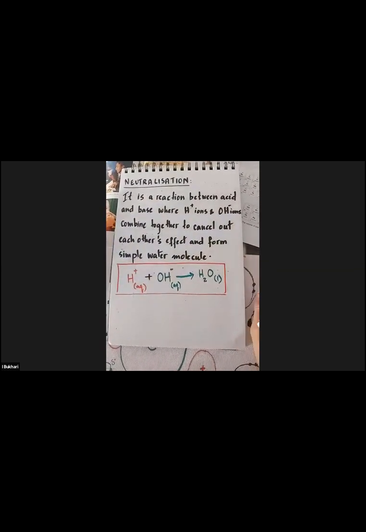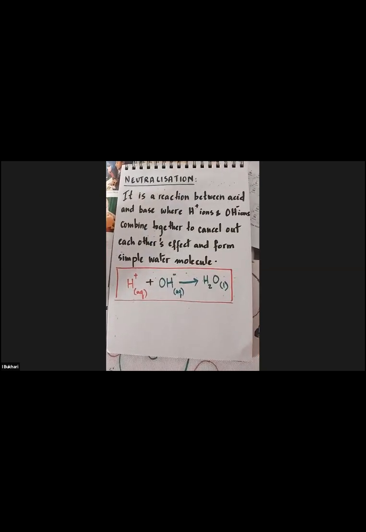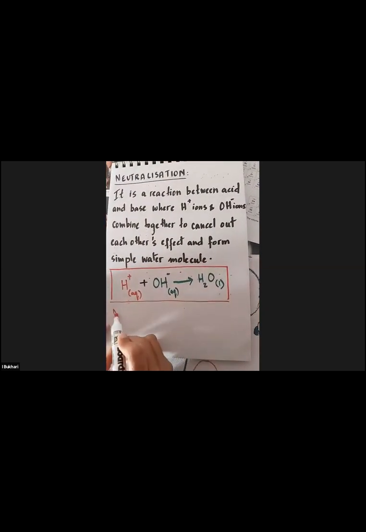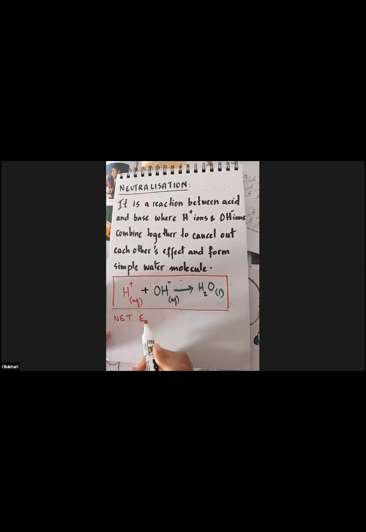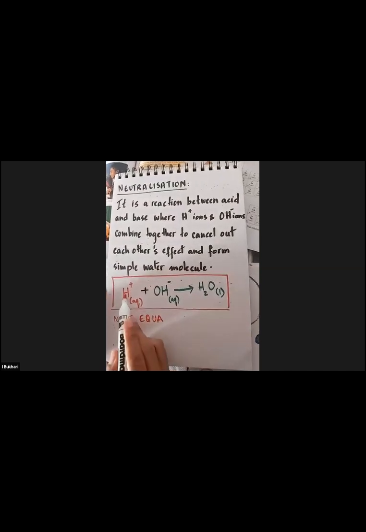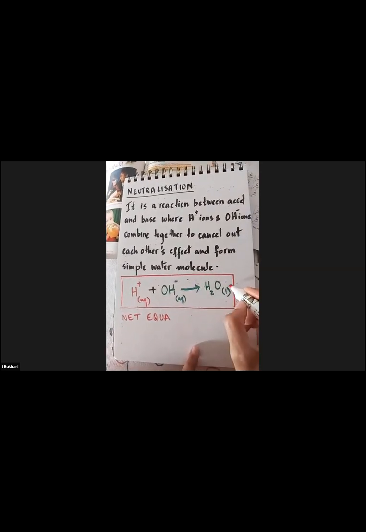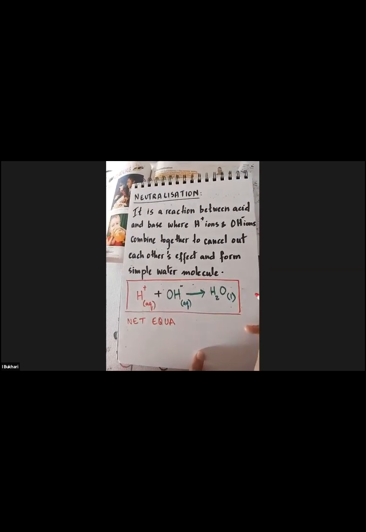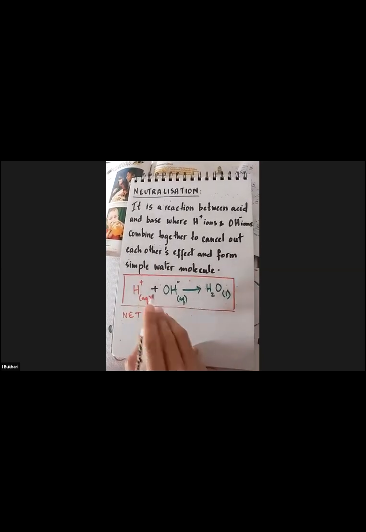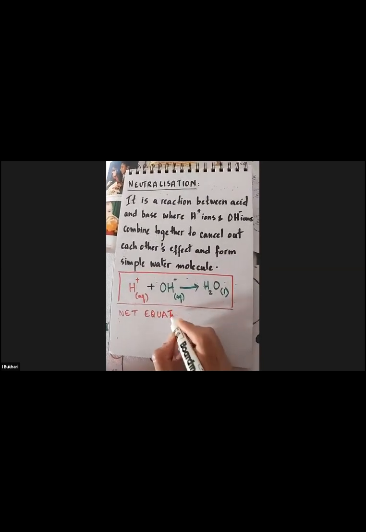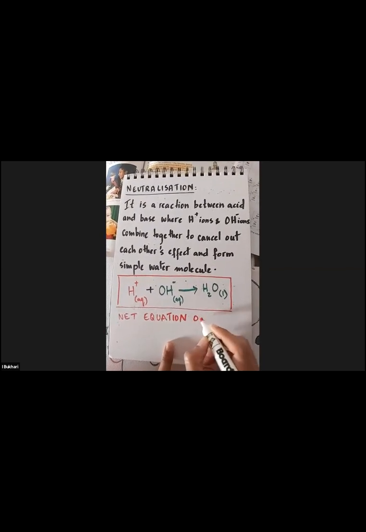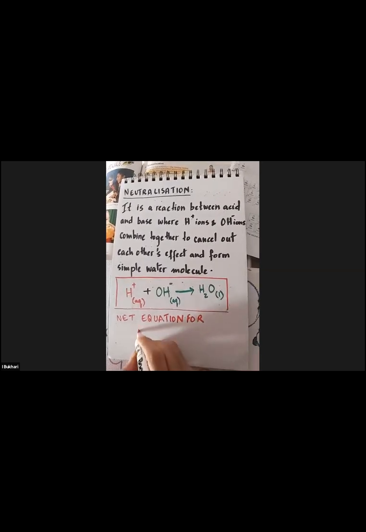No matter what acid, what base, what alkali you are using, this is the net equation. Hydrogen ions combining with hydroxide ions to give us water molecules. And then there is salt as well, but this is the net equation for a neutralization reaction.